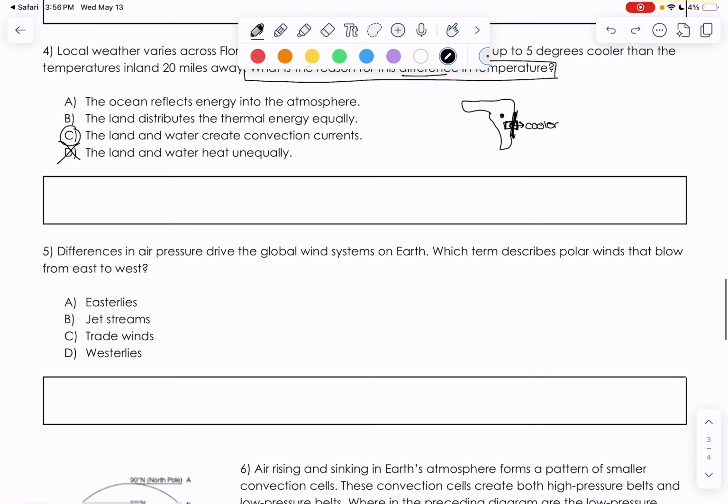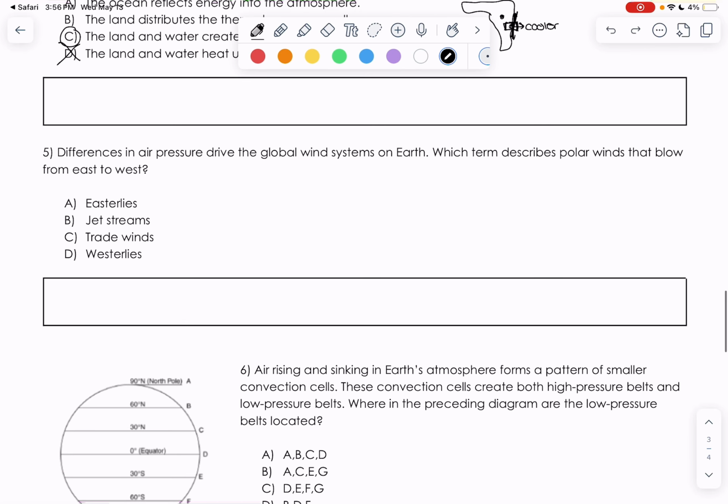Number 5, differences in air pressure drive the global wind systems on Earth. Which term describes polar winds that blow from east to west?